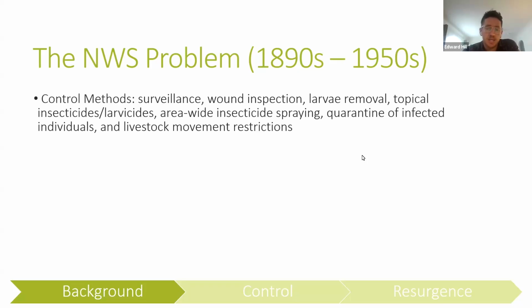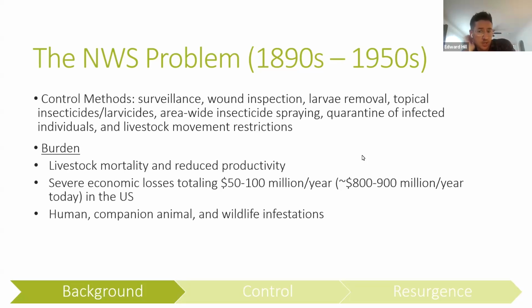But despite this, by the 1940s, it was definitely one of the most economically destructive livestock pests that we've ever dealt with. As far as the economics, which is most of the data that we have, tons of lives were lost, and economically it was 800 to 900 million dollars a year in the States.